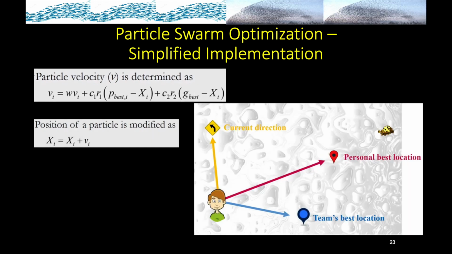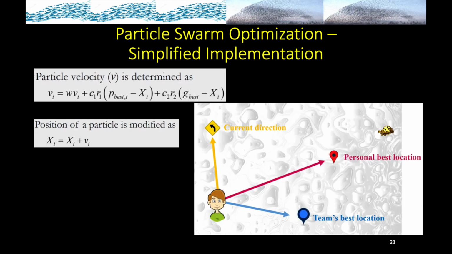The best example that I can give for explaining all of these three vectors or these three components of the velocity vector and the position is by the graphical representation. So here what you're seeing is a particle or a person whose current direction is given by the orange arrow.